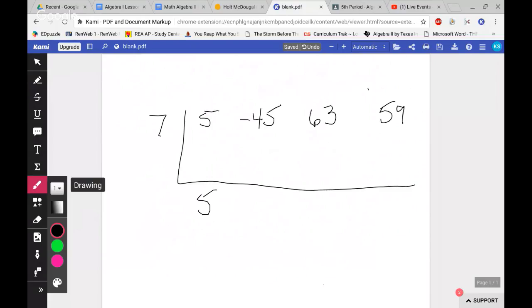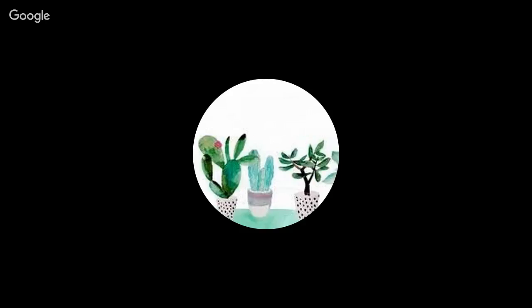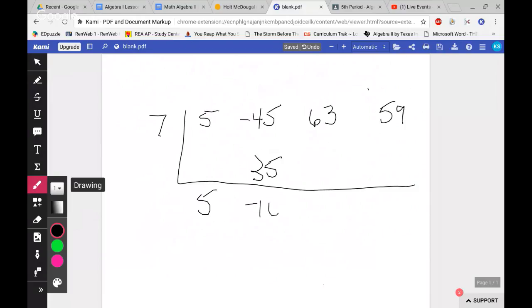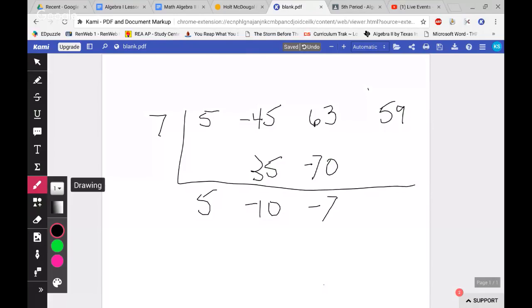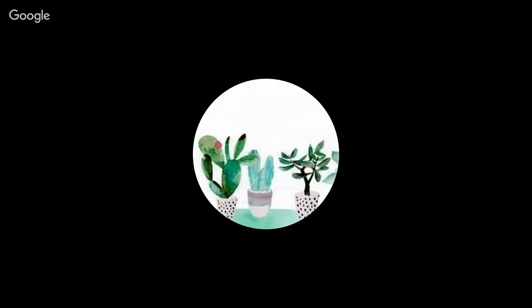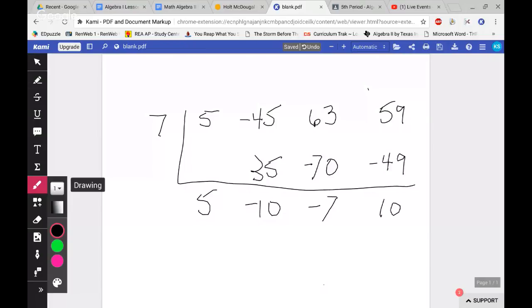You multiply it by 7, which gets you to 35. So you add that, which brings you to a negative 10. Good job. Multiply that by 7, which brings you to a negative 70. And the answer to that is negative 7, right? Yes, ma'am. Okay. Multiply that by 7, it's negative 49, which brings you to a positive 10. Yes, ma'am.